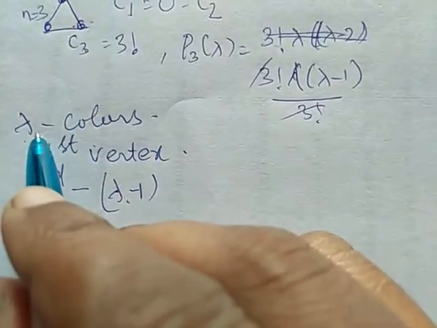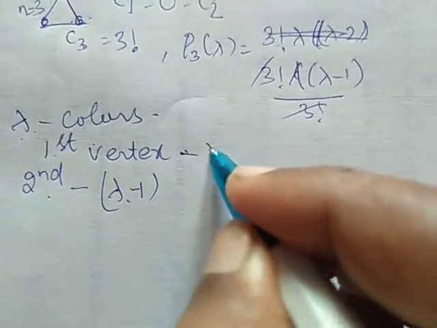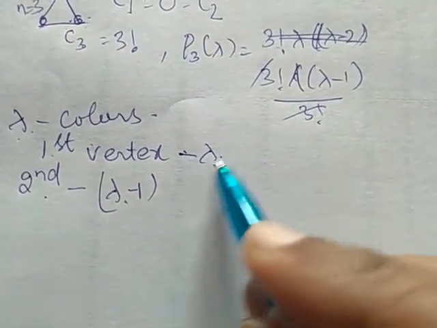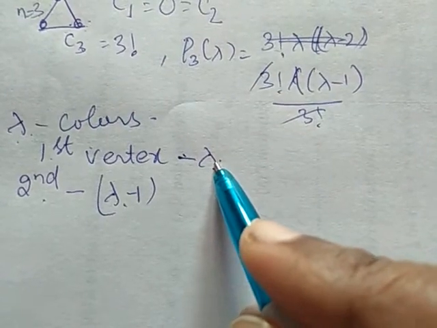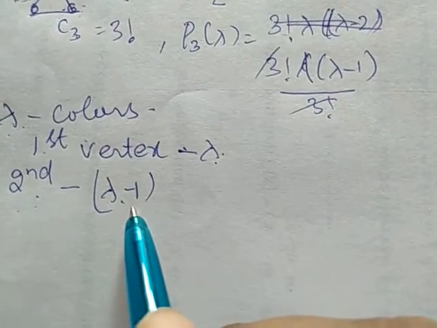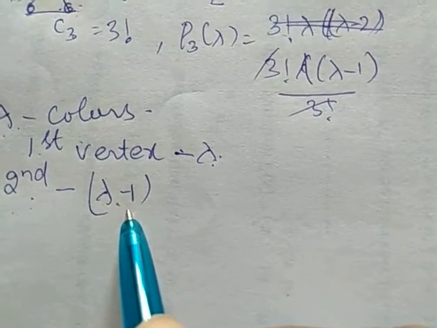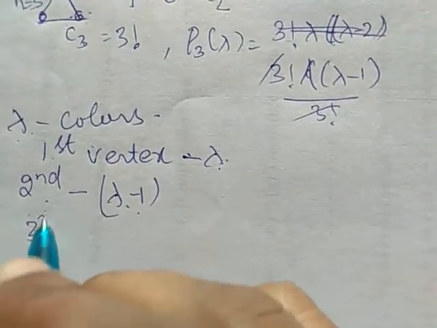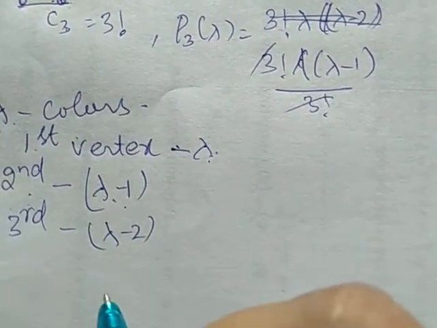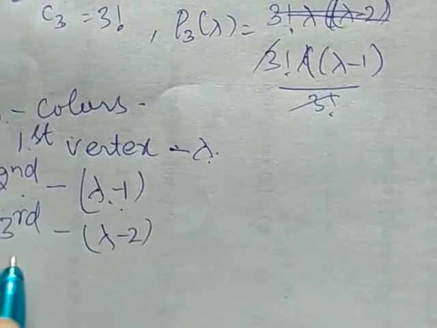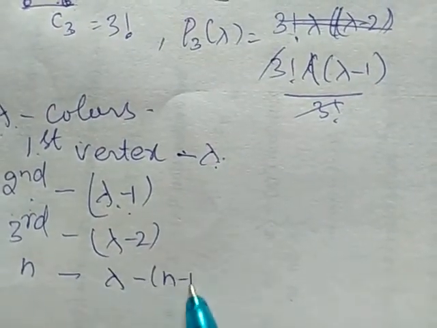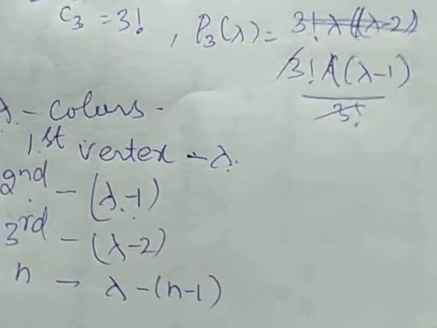Whatever color we have chosen for the first vertex, we can use any other color for the second vertex. Therefore, the second vertex can be colored using lambda minus 1 colors. The third vertex will be colored in lambda minus 2 ways, etc. So, the nth vertex will be colored in lambda minus n minus 1 ways.